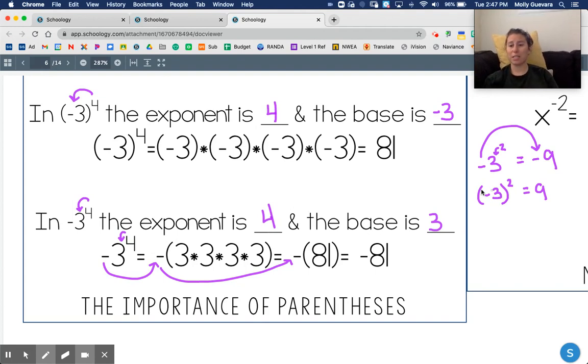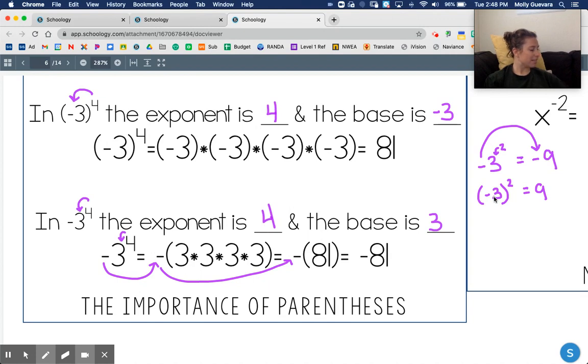It's because you did not put parentheses around the negative. So this is why the importance of parentheses gets its own page, because it is so important. It is frequently missed. So you just want to make sure that what you're entering into your calculator is what you actually intended to calculate.